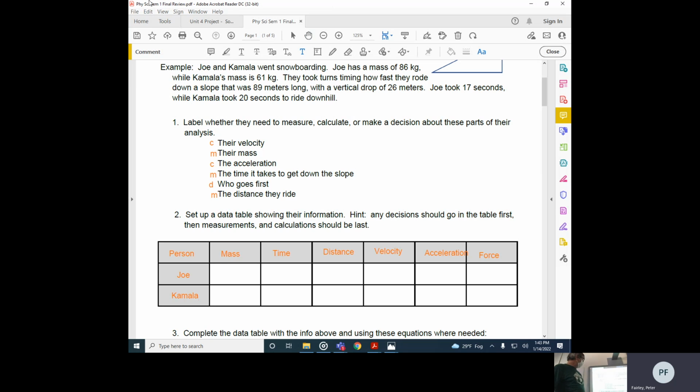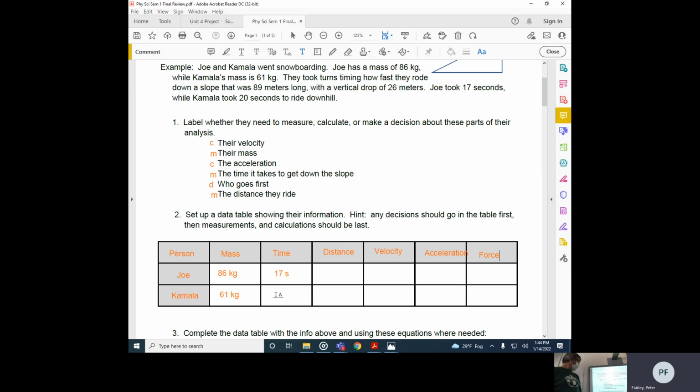Let's see, what was Joe's mass? Joe has a mass of 86 kilograms. That was an easy one. While Kamala's mass is 61. It's right there. All you have to do is look for it, huh? Time. What was Joe's time? 17 seconds.